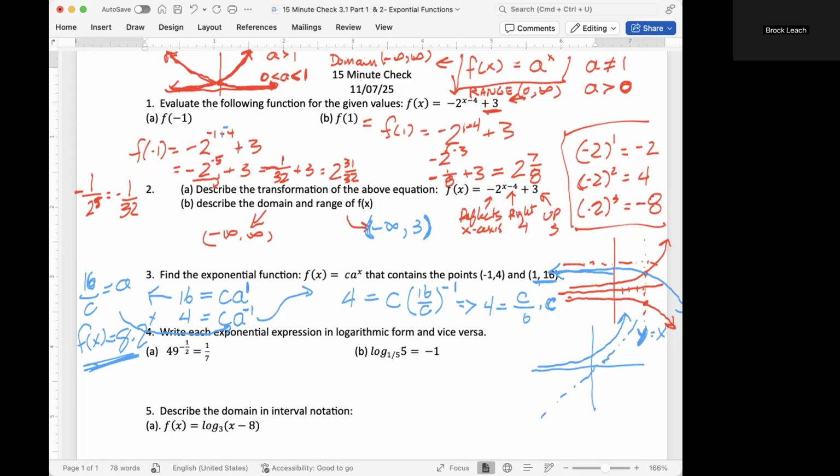It's kind of like folding it across that line. What we end up with, instead of 0, 1, we then end up crossing at 1, 0, and we have something that looks like this.